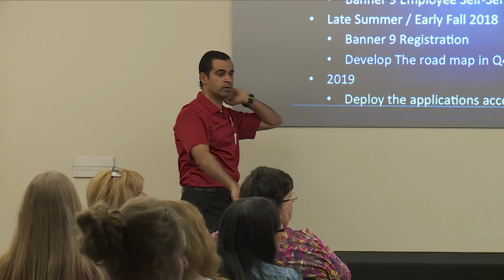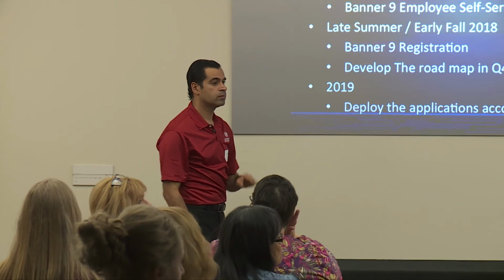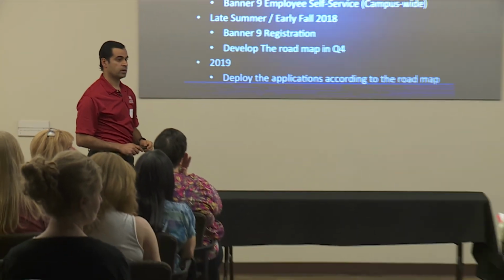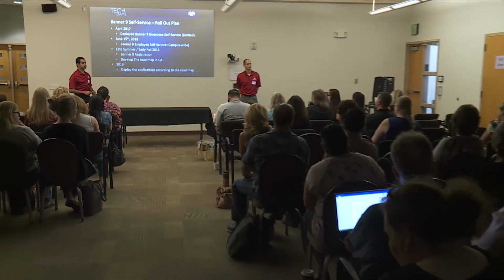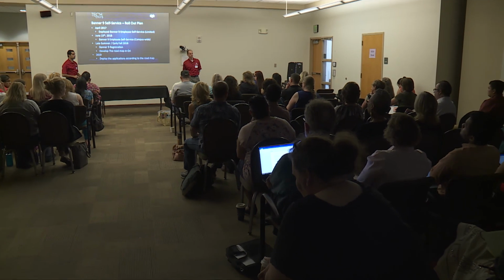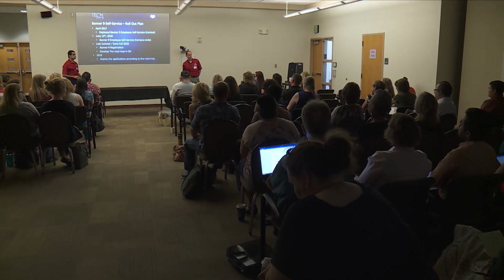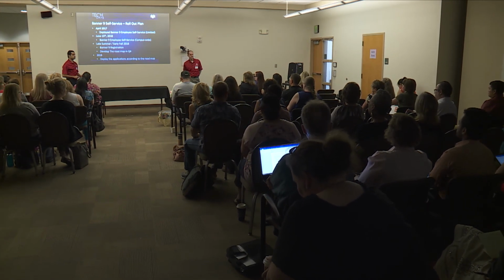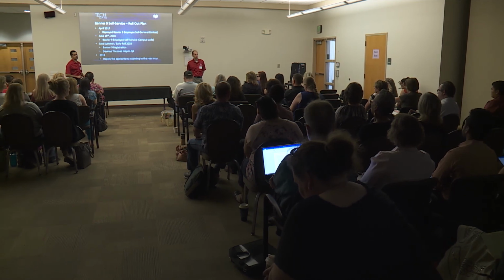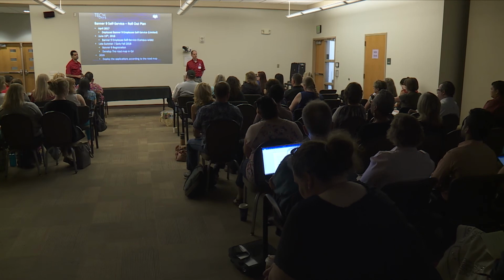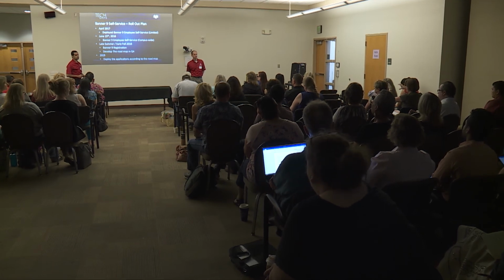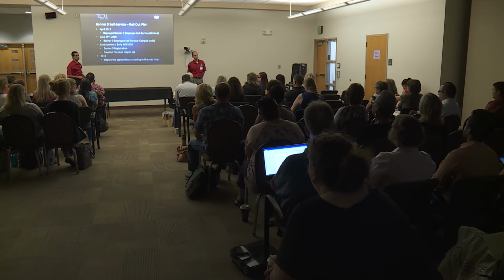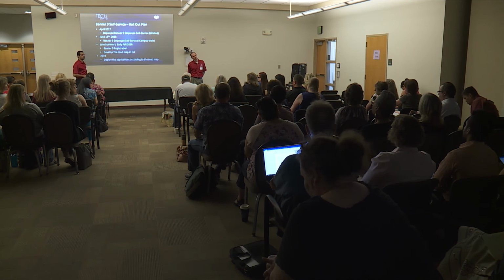Yeah, go ahead. I've got a question. I'm already using Banner 9 for replacing Internet Native Banner for the non-student accounts receivable, so that I totally get. On the self-service, right now Internet Native Banner and Lobo Web for self-service are kind of separate applications. Will they stay that way, so that when I do time approval for my unit, I still click on Lobo Web and select time approval?